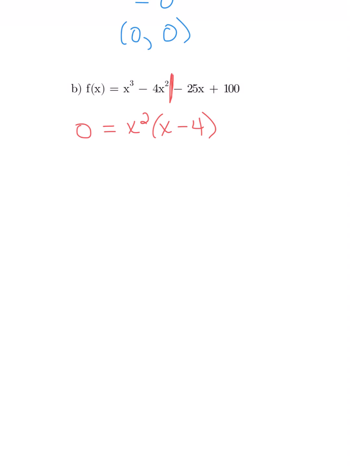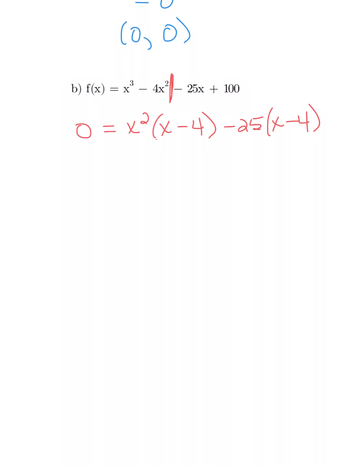Looking at the second pair of terms, we're going to take out a negative 25. 25 goes into both 25 and 100. Negative 25x divided by negative 25 leaves me with positive x, and 100 divided by negative 25 leaves me with negative 4.